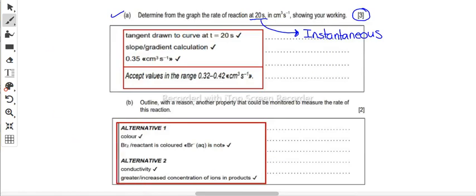I will go back now to the mark scheme. The question is out of 3 marks. Where are the 3 marks? Number 1, you need to show your tangent, which is drawn exactly at 20 seconds. After that, you need to make sure that the slope or gradient calculation is also shown. And finally, your final answer, which in this situation is 0.35.